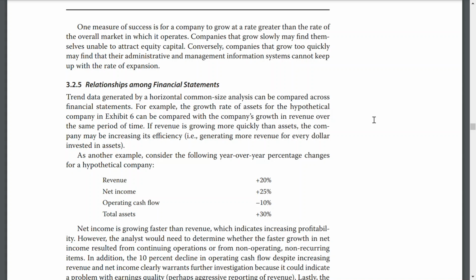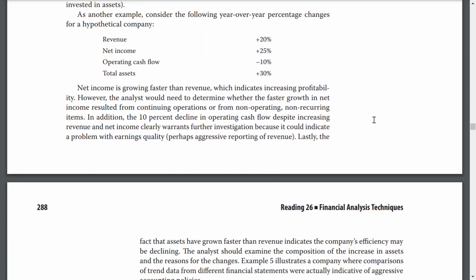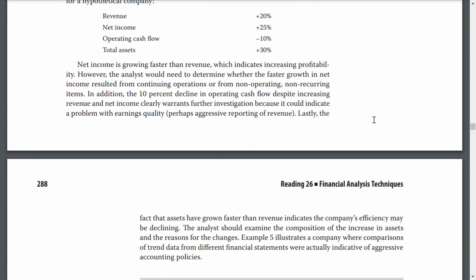As another example, consider the following year-over-year percentage changes of a hypothetical company. Net income is growing faster than net revenue, which indicates increasing profitability. However, the analyst would need to determine whether the faster growth in net income results from continuing operations or from non-operating, non-recurring items.